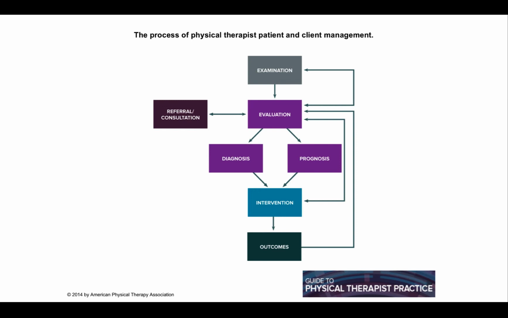And all of those feed back into the model. Every time you collect outcomes, it goes back into your thought process of evaluation, right? Is this working? Is this not working? Do I need to change my diagnosis? Do I need to change my prognosis? Or do I need to change my interventions? Because if my outcomes are not what I expect or what we're planning, then the treatment and the process needs to be modified for the best treatment of the patient.